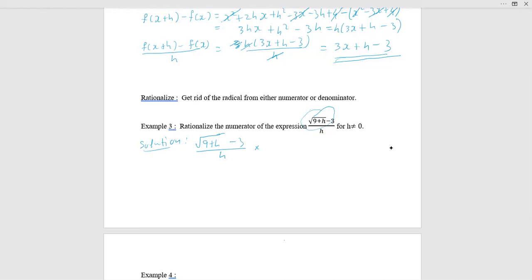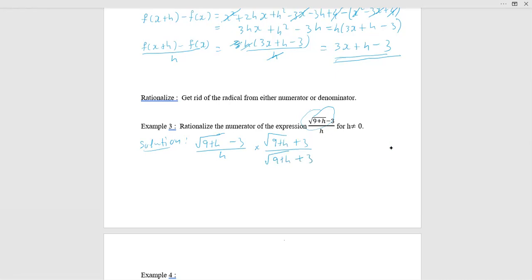This is minus 3, so you change this minus to plus 3. We have to multiply both numerator and denominator, because if you multiply just the numerator, it changes the fraction. In order not to change the fraction, we have to multiply both numerator and denominator.